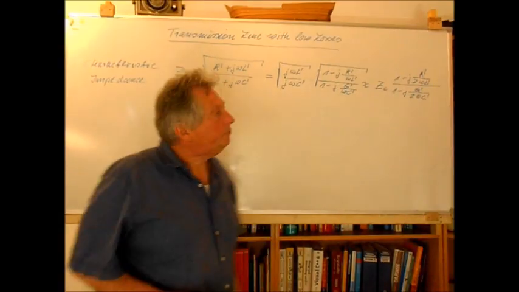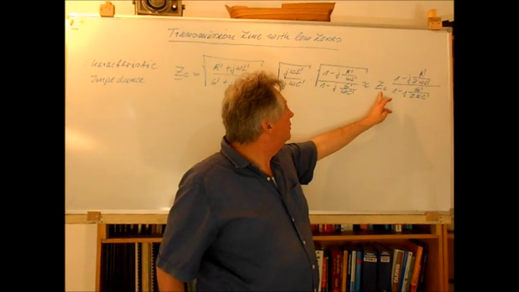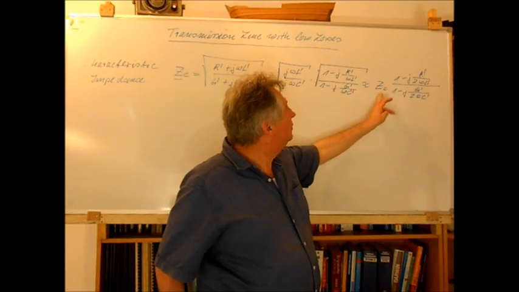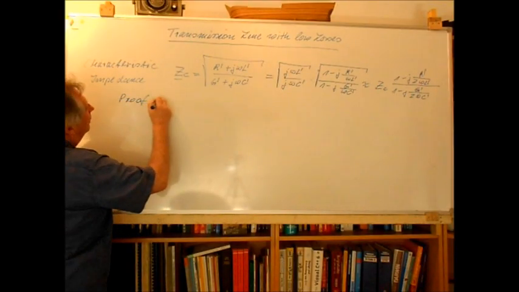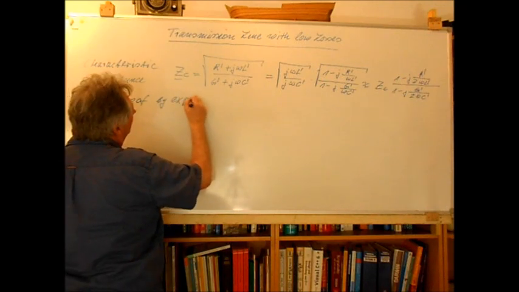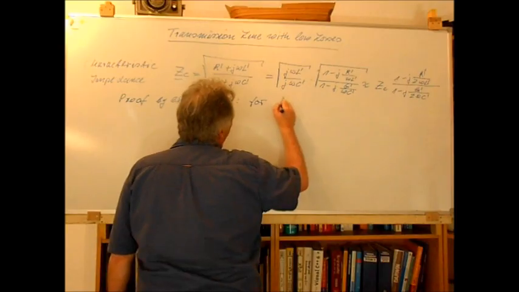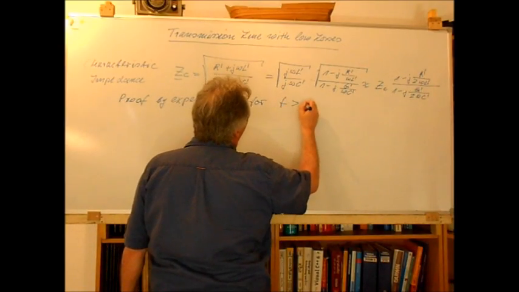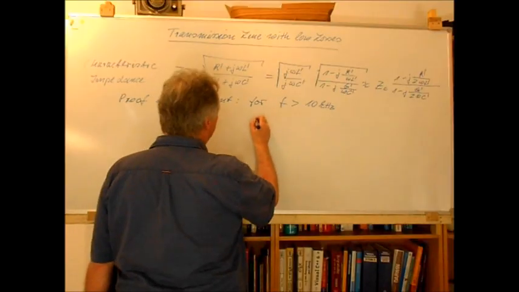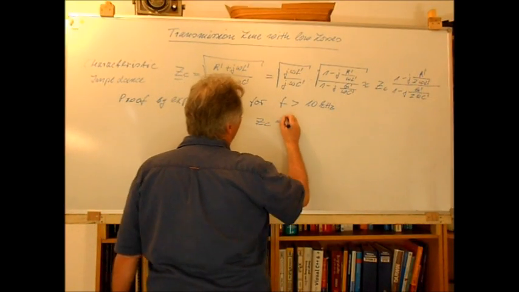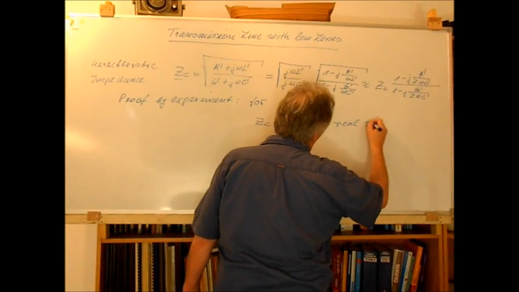So in principle you must figure out by experiment what will be the limit for the frequencies where the characteristic impedance becomes a real value, and one finds, so I will write here, proof by experiment, for the frequency, as soon as you encounter frequencies greater than roughly 10 kilohertz, we will find that our characteristic impedance is equal to the square root of L prime over C prime, which is a real value.